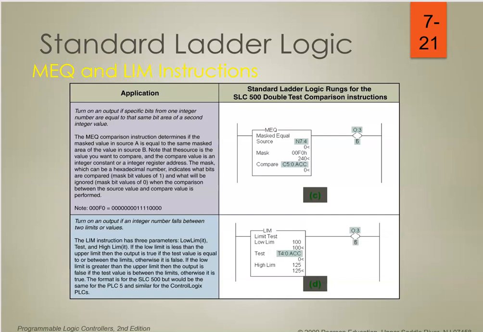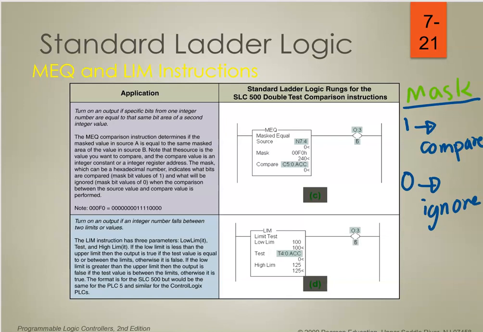If the mask value is equal to 1, then the values need to be compared. If the mask value is equal to 0, then those values need to be ignored.